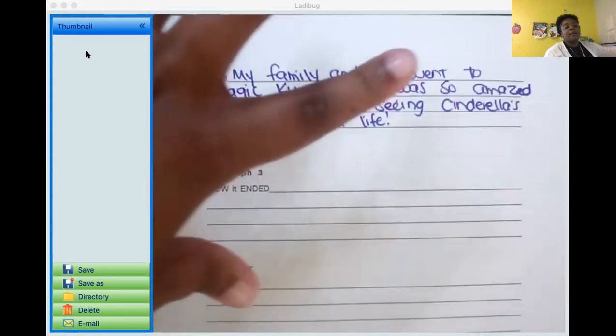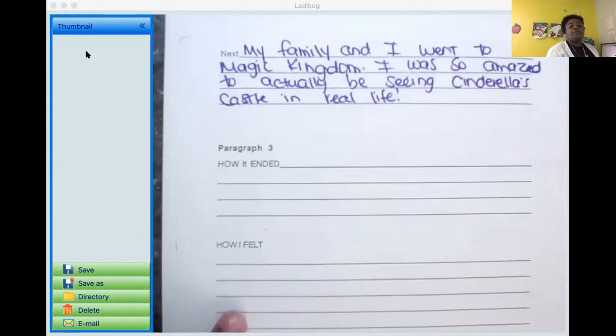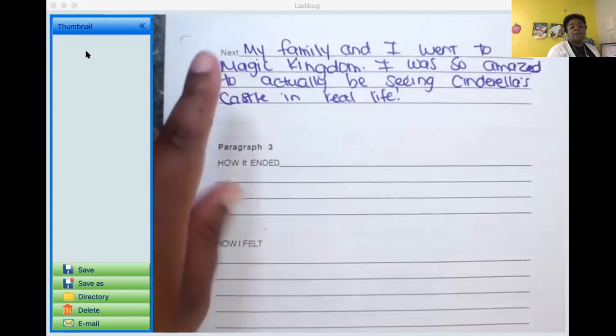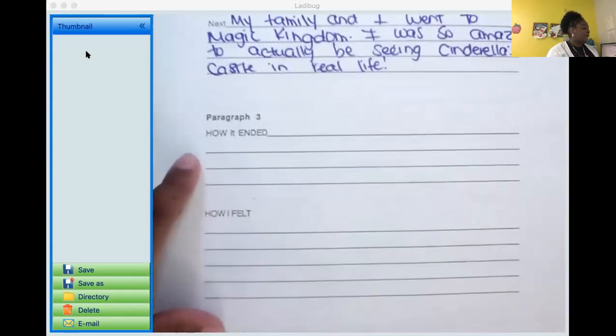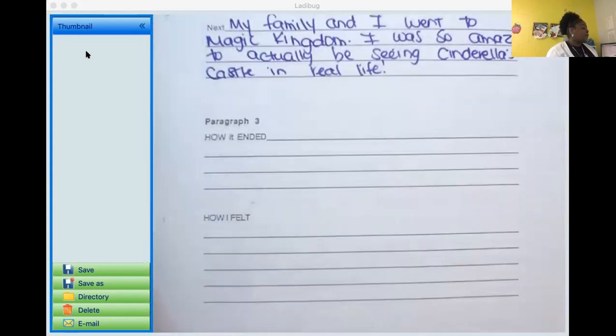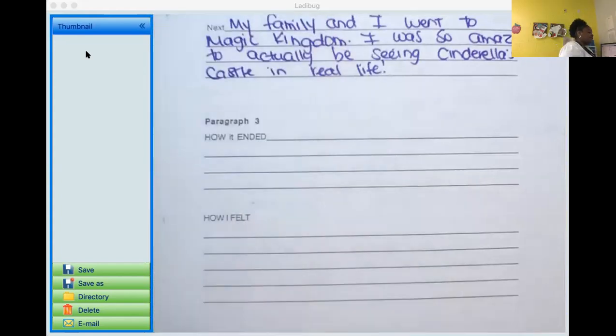Just for the sake of this outline, I'm going to jump to my conclusion. But if you need more space and more paragraphs to write your narrative, please feel free to do that. If you think that you can get your narrative written in 1 paragraph and are ready for the conclusion, that is fine too. So I, of course, have a lot more that I could say, but for the sake of this, I'm just going to go ahead and hop down to the conclusion.